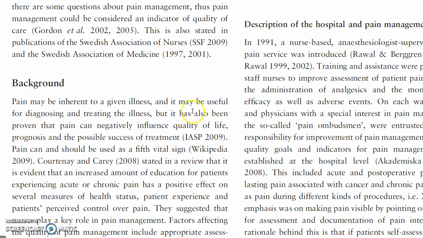So this is the literature review here. In the introduction there might be some parts of the literature review as well, but it should be in this background or literature review section. So what I'd be looking for in that paper is whether there's a conceptual framework, or have they talked about a framework of some description, and we'll have a look at that in a minute.